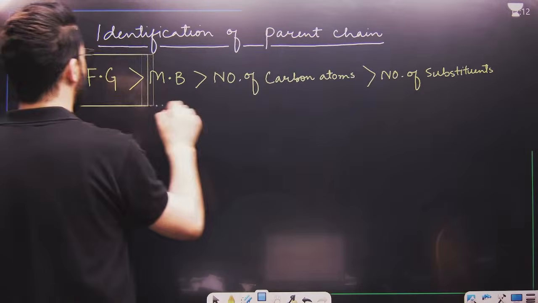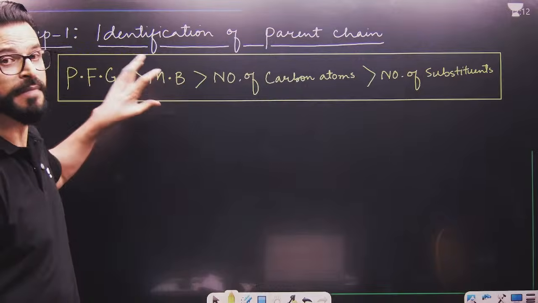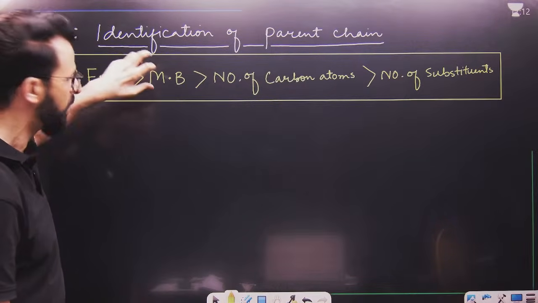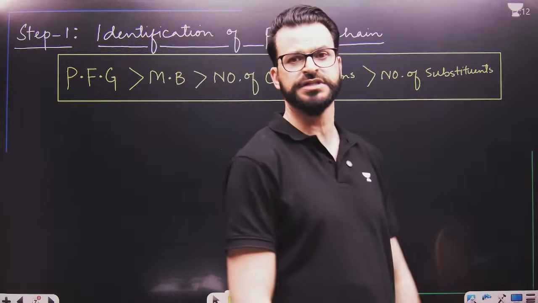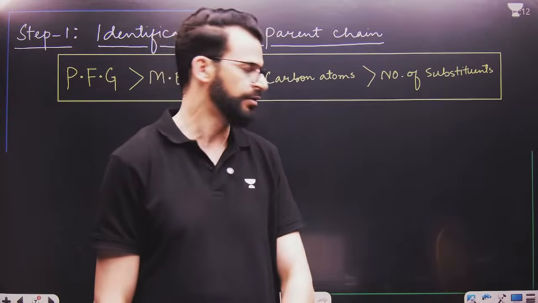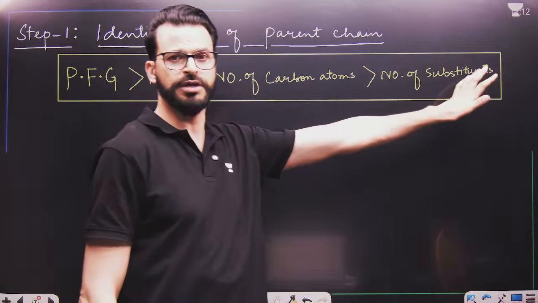First check principal functional group, then multiple bonds, that means double bond and triple bond. Maximum principal functional group, maximum multiple bonds, maximum number of carbon atoms, maximum number of substituents, or side chains. You have to go with this preference.